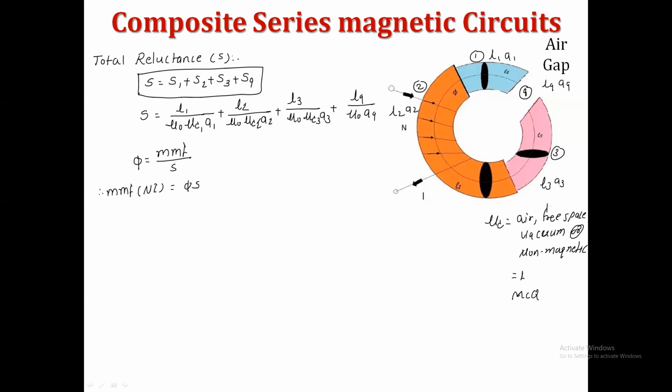The same phi will flow through each component here, so I can write phi in bracket L1 upon mu 0 mu r1 A1 plus L2 upon mu 0 mu r2 into A2 plus L3 upon mu 0 mu r3 into A3 plus Lg upon mu 0 into Ag.